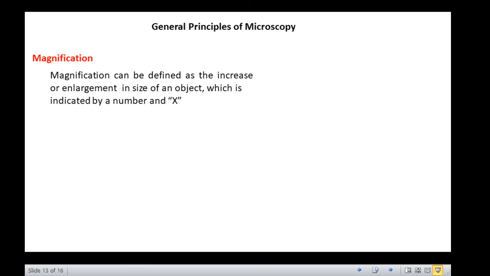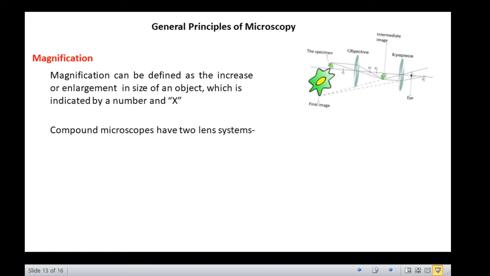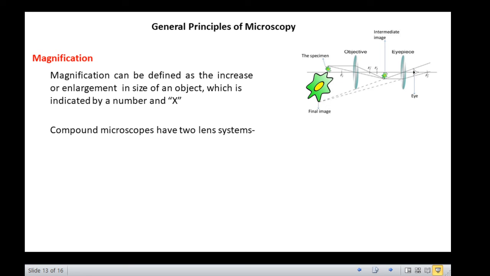Most microscopes in current use are known as compound microscopes which have two lens systems. One is objective lens and available as 4x, 10x, 40x and 100x. The other lens system is ocular lens, normally available as 10x or 15x.